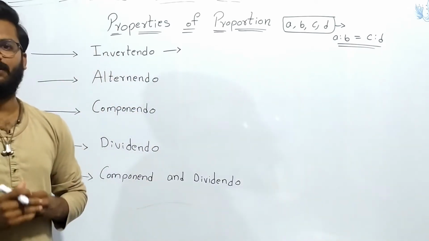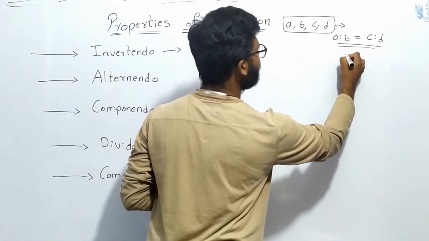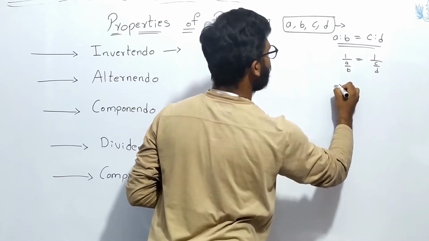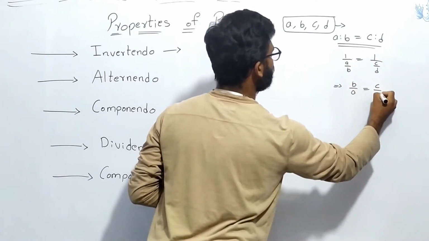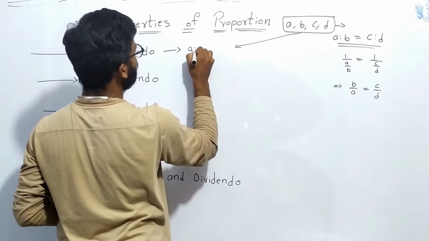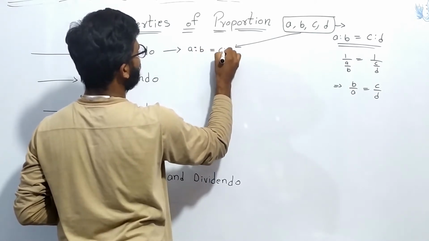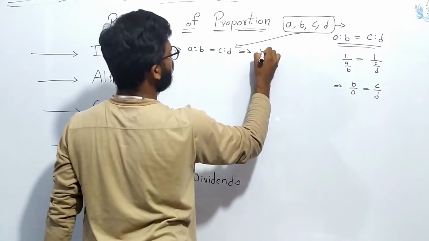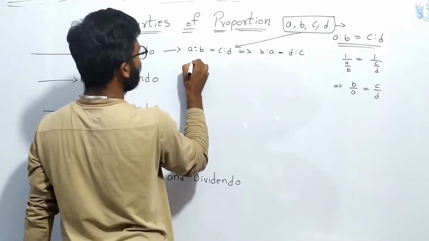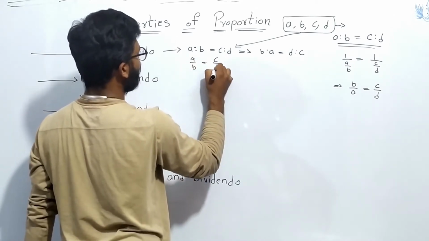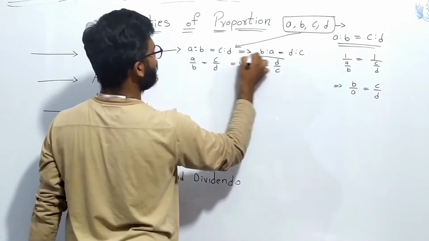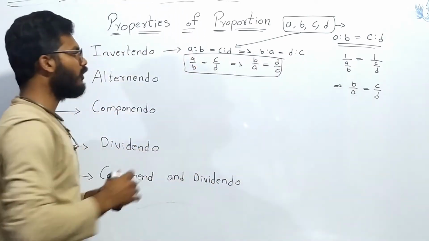Invertendo tells that if you write the reciprocal, 1 by A by B is equal to 1 by C by D, then it becomes B by A is equal to D by C. So if A, B, C, D are in proportion, that means A is to B is equal to C is to D, that implies B is to A is equal to D is to C. Or if A by B is equal to C by D, that implies B by A is equal to D by C. This is the invertendo property.